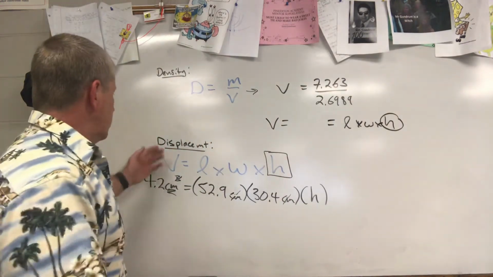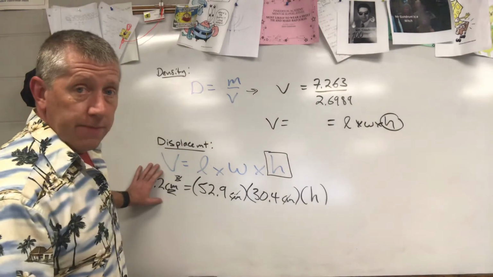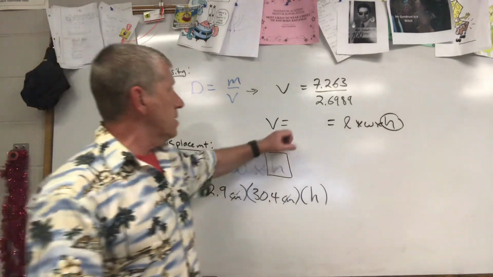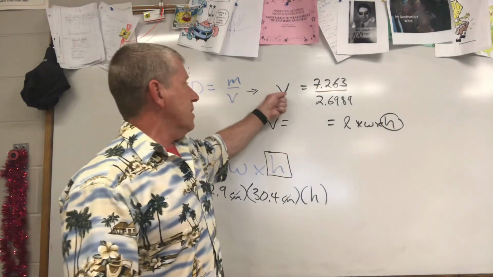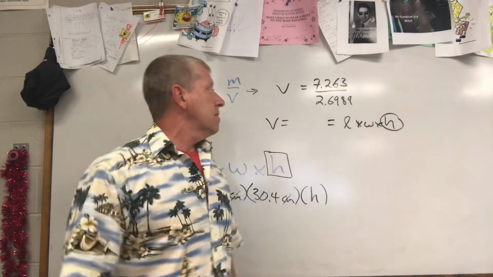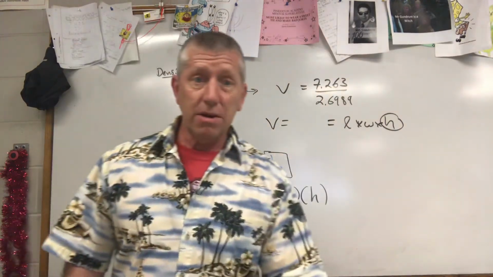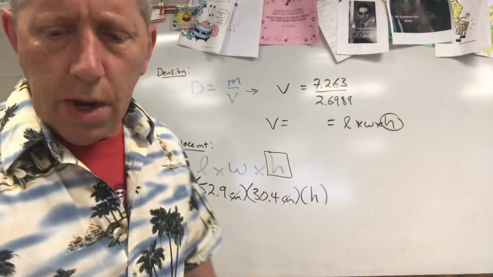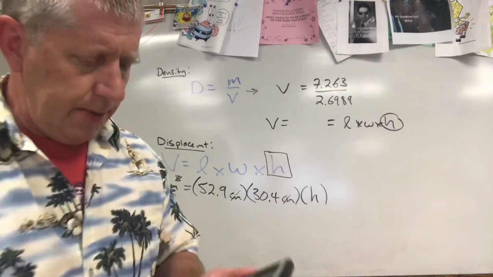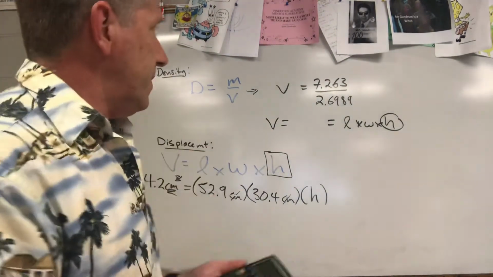Okay, so this one used the water displacement, that 4.2 cubic centimeters, and this one the volume is going to be calculated by taking this and dividing it by that. All right, this volume here, we'll calculate this out together.